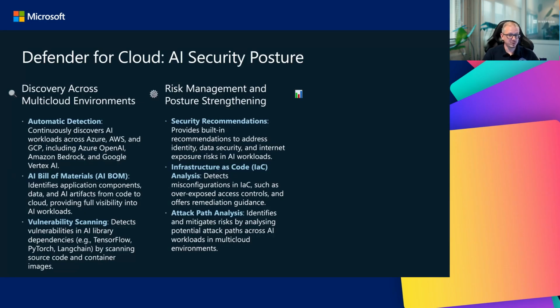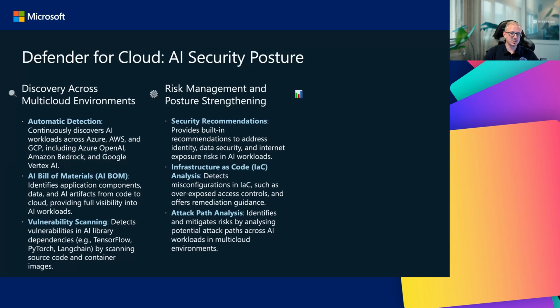As I've already mentioned, it will do infrastructure as code analysis. This is actually part of the Defender for DevOps capability, but it's linked in with AI security here. But also, especially attack path analysis. So when vulnerabilities at the infrastructure layer have been determined, attack path analysis allows you as the organization to examine exactly where those attacks are coming from and where the vulnerabilities are, but also it gives you that capability across your environment.